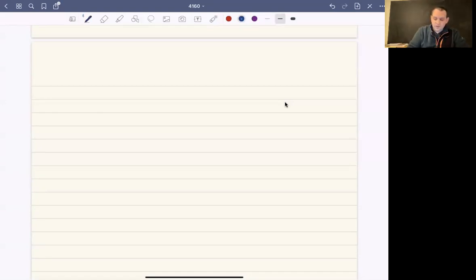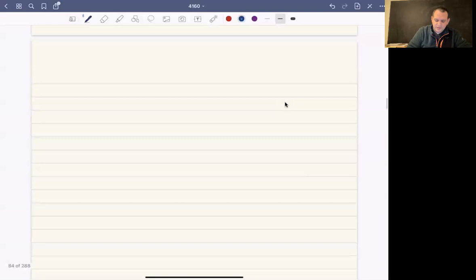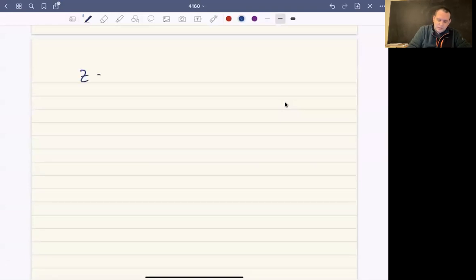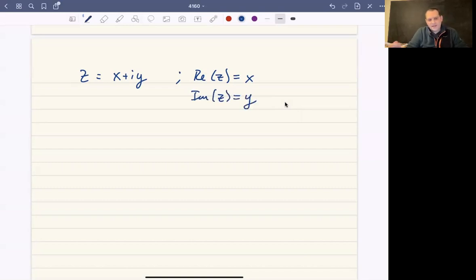So we started this course by describing complex numbers, and you can do it formally by thinking of them as pairs, say x comma y, or you can write it as a usual complex number x plus iy, where the real part of z is x and the imaginary part of z is y. When we talk about complex numbers, we're specifically talking about numbers of this form, x plus iy.